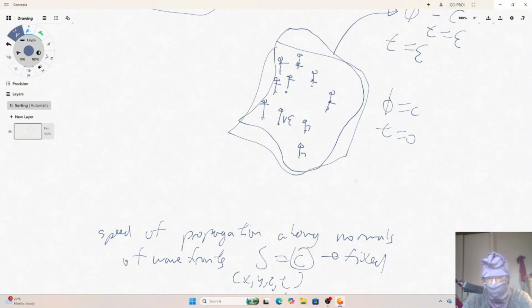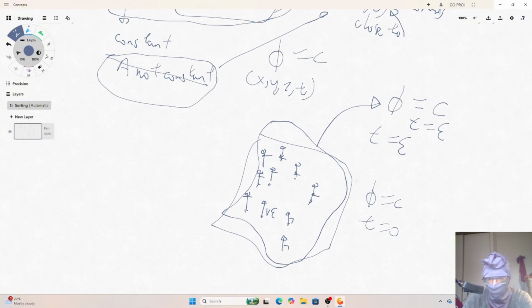I defined the speed earlier as follows: you start with that initial wavefront, trace normals at each possible point, and for a small variation of time, add v epsilon along each normal, and then trace a new wavefront that passes through all those points that are v epsilon meters away from the initial wavefront.